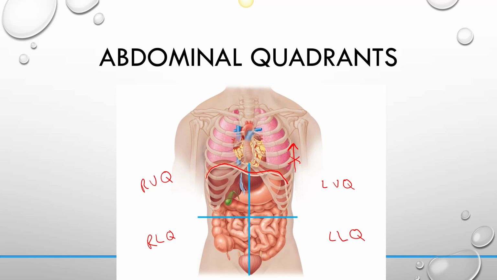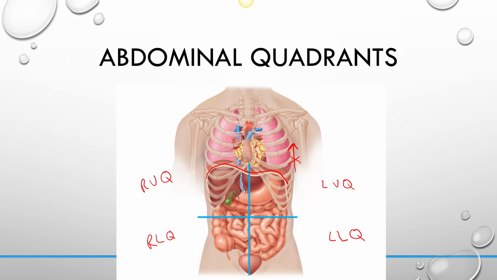Now, when we list some of the organs that you'd find inside of each of these, for the right upper quadrant, we have the liver, gallbladder, part of the stomach, and intestines. Left upper quadrant, we have part of the liver, the stomach, pancreas, the spleen is actually hidden over here, and then some intestines.